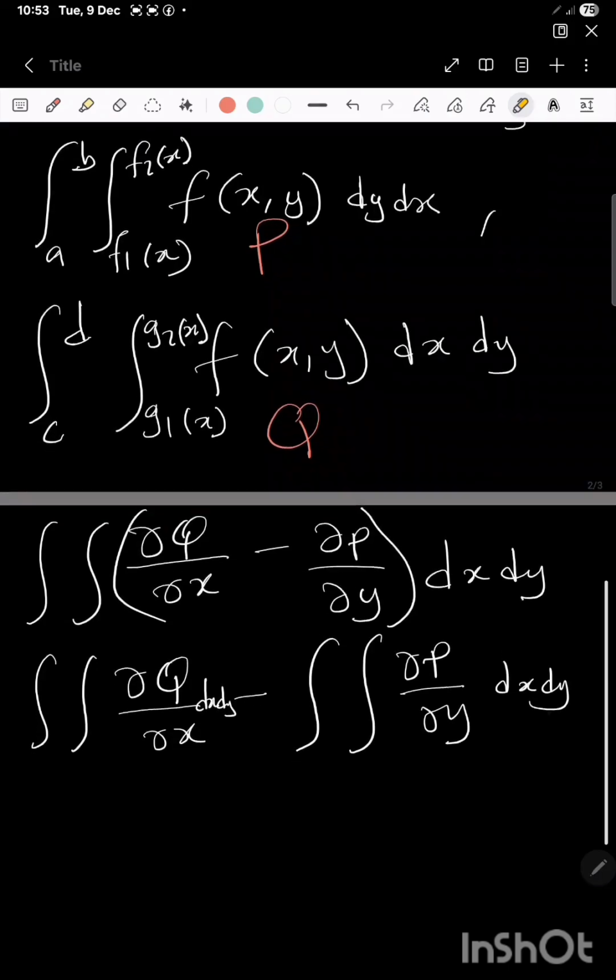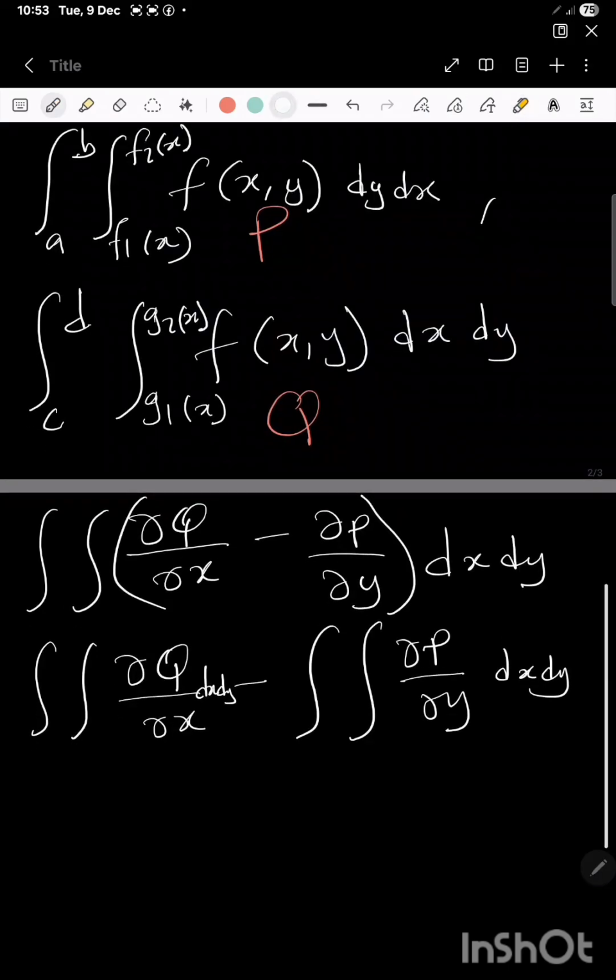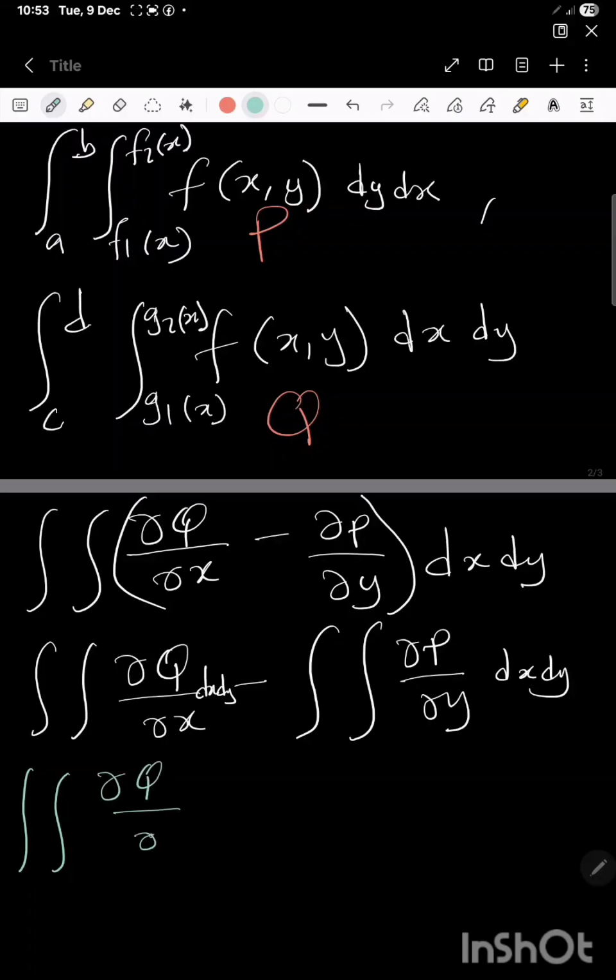So you are going to replace. You are going to say this is the double integral of ∂Q/∂x dx dy. Before I even write the dx dy, you need to check what you have here. What is Q being integrated with respect to according to the assumption? It is with respect to dx dy, so we put the dx dy here.